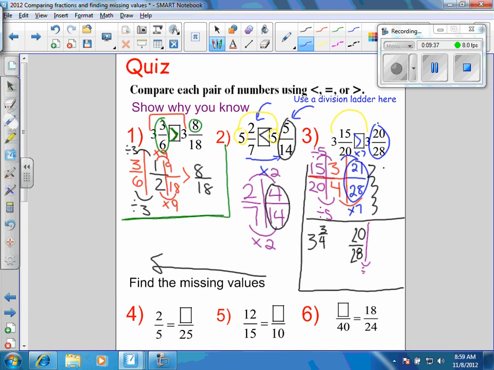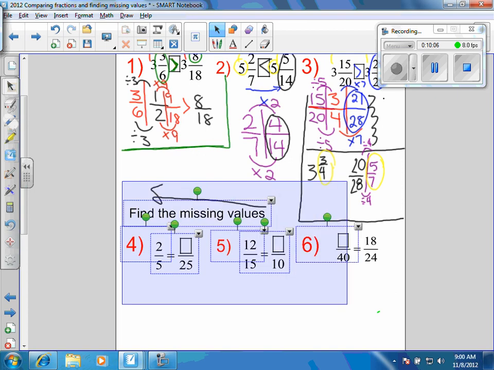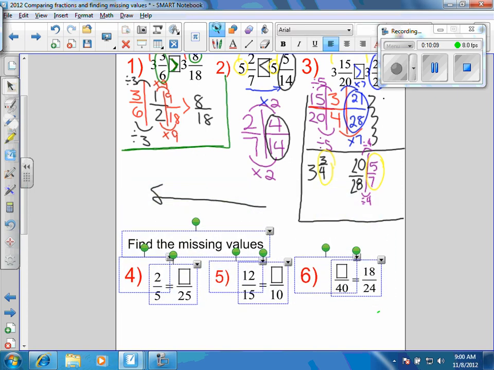So divide by 4, and you get 5 over 7, right? You with me on that? So now we have to get a common denominator using the 3/4 and the 5/7. So this way works too. Let's make a little more room here. Bring this down.